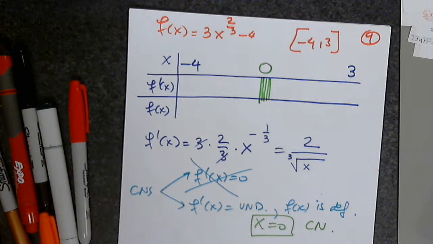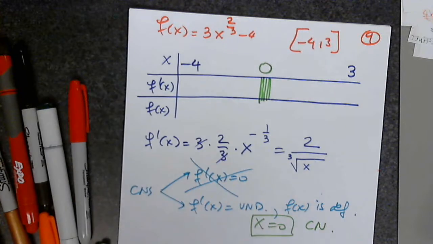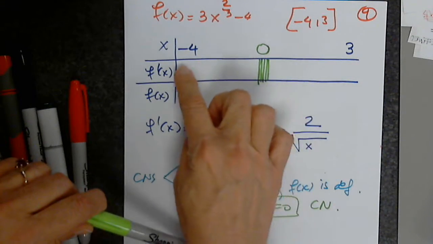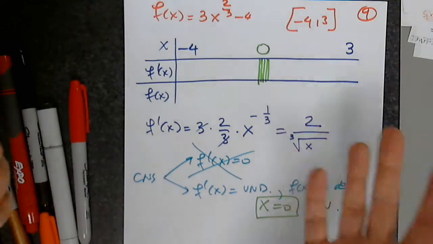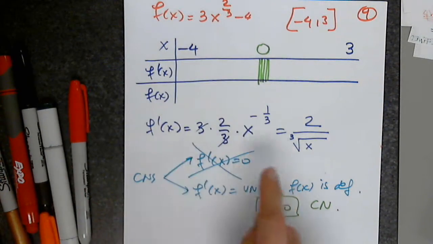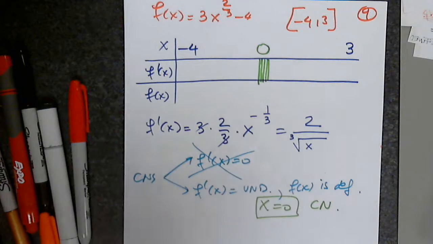My next step, so far, what did I do? I determined the critical numbers. Now I want to go beyond that. I want to see whether the critical number x equals 0 turns into a max or a min for this function. I need to study the sign of the first derivative here and here. So just please pick a number between -4 and 0 and plug it in, and just tell me the sign.